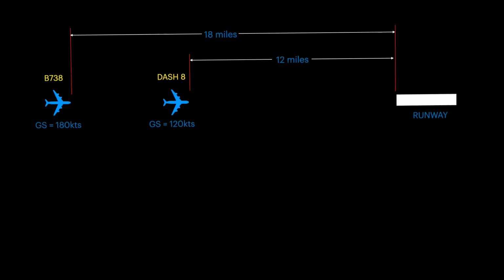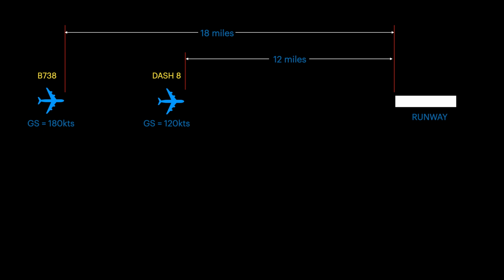Okay, let's look at method number 2. This relates to the faster aircraft's distance from the slower aircraft. In this maths, we're going to work out what distance the 737-800 needs to be from the slower aircraft.